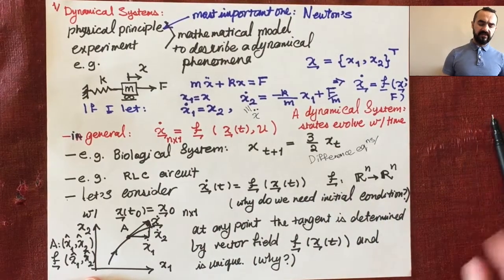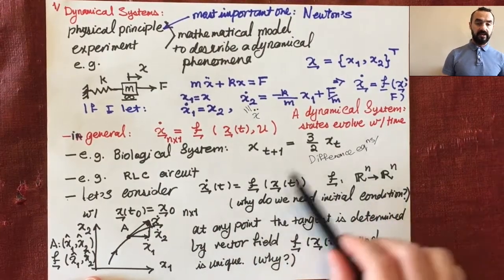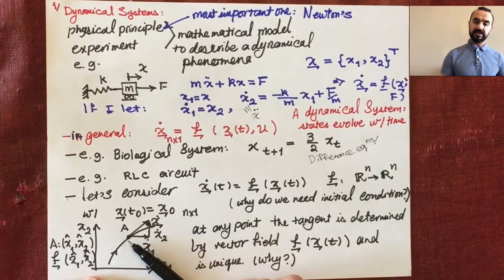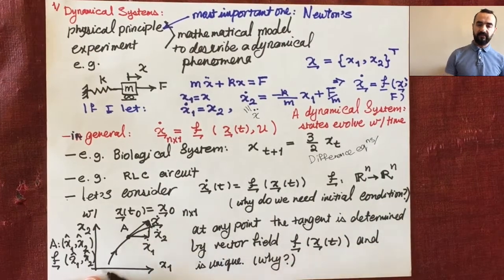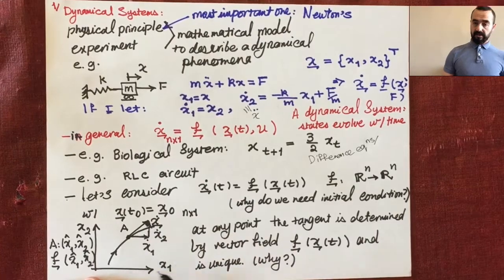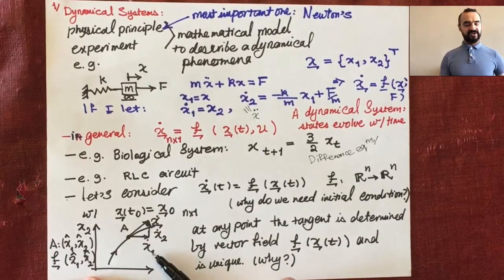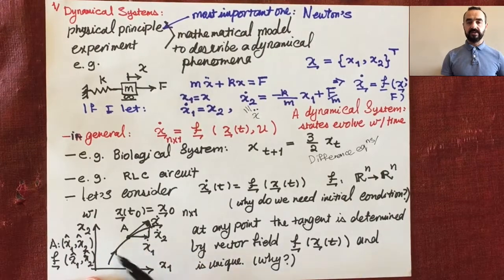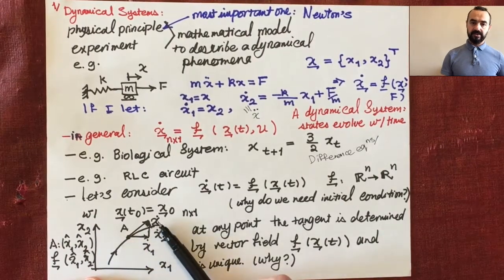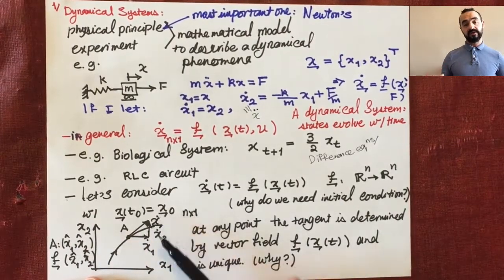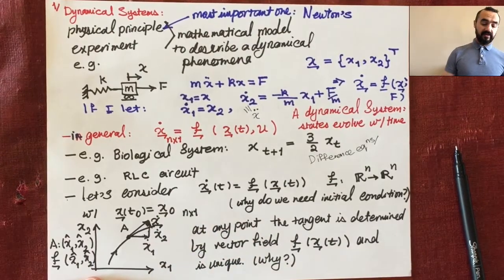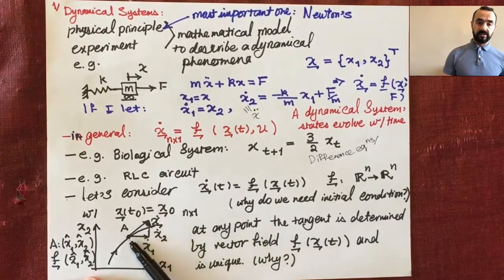So once I give you this, I say at point A, then what is the tangent to this curve? You say, all right, I'm going to differentiate x1 with respect to time, and then differentiate x2 with respect to time, and I'm going to have x1 dot and x2 dot, and this vector describes the tangent.